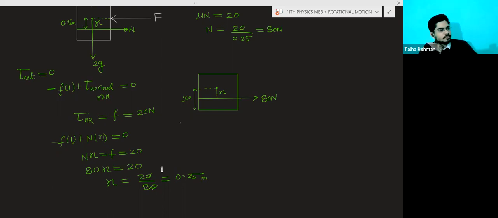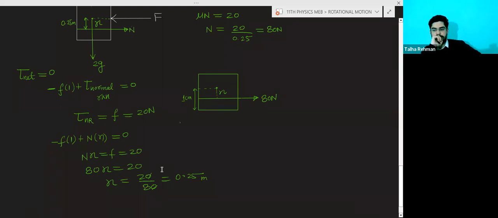Talking about the moment of inertia, like in linear motion, we have, okay, first note down, then we will discuss. This NR means torque due to normal reaction.